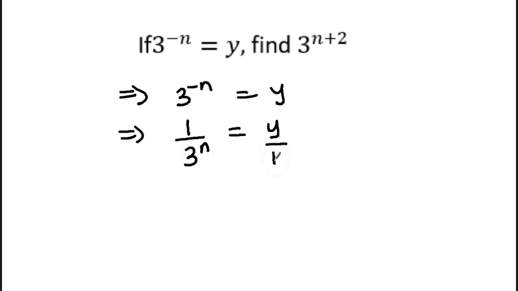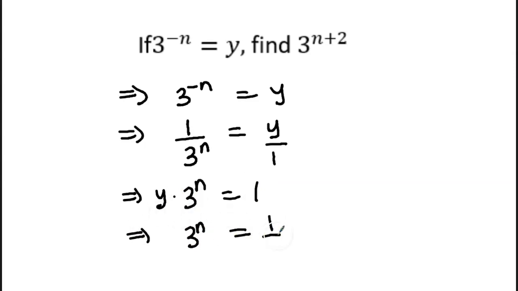So this is over 1. Let's cross multiply. When you cross multiply, we have y times 3 raised to the power n is equal to 1. So 3 raised to the power n, dividing both sides by y, we have 1 over y.